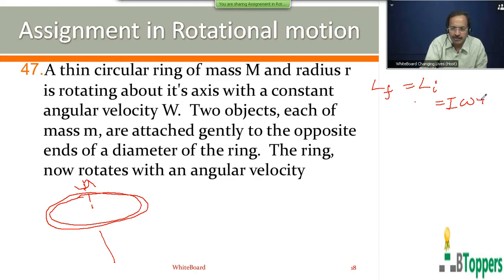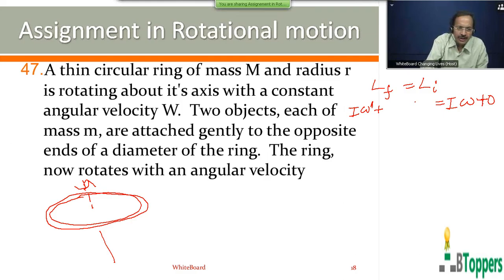Both the objects can be assumed to be initially at rest, or not rotating. So the initial angular momentum of each object about the axis of rotation is 0. The final angular momentum of the system is equal to the final angular momentum of the ring plus the final angular momentum of the objects.